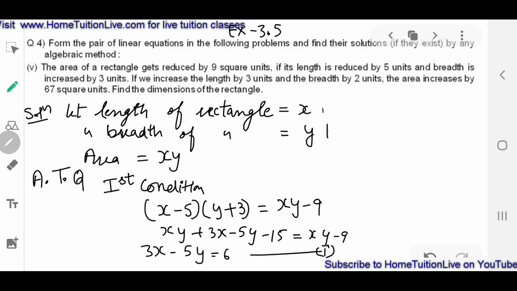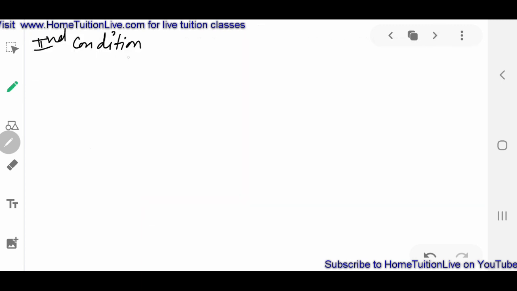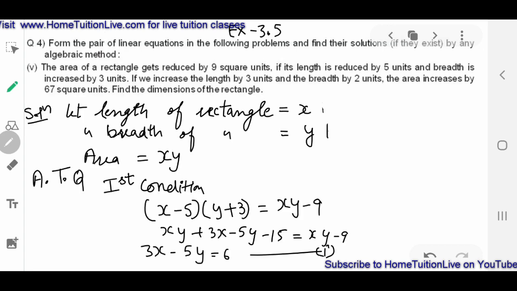Okay. Now the second condition is: if we increase the length by 3 and breadth by 2, then the area will be increased by 67 square units.